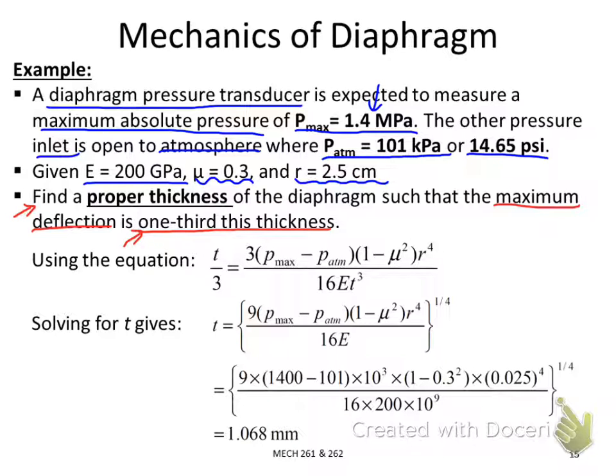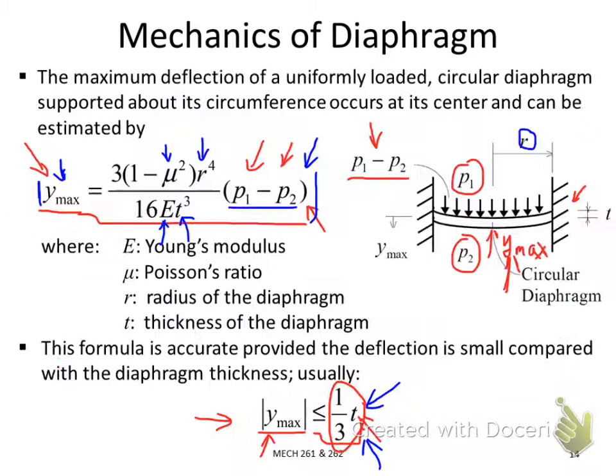So we are basically selecting the thickness to make the deflection small enough, or in other words, to make the thickness large enough. So if you go back and look at this condition here, the maximum deflection has to be smaller than 1/3 of the thickness.